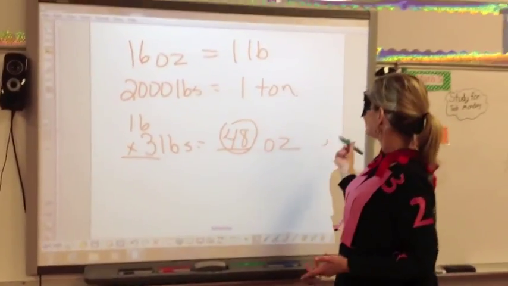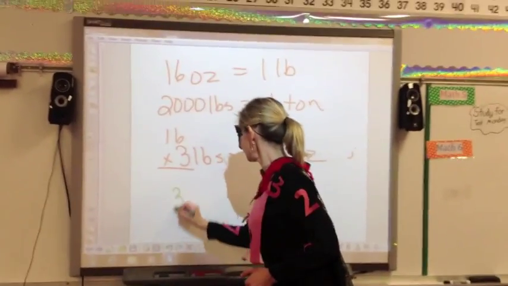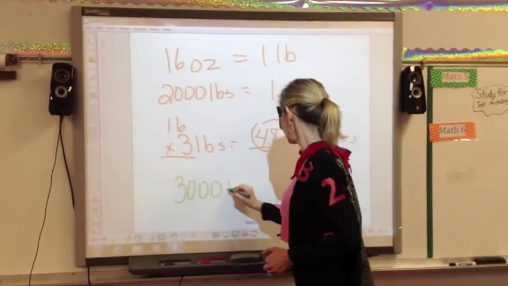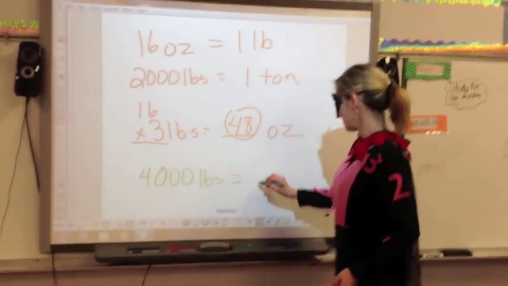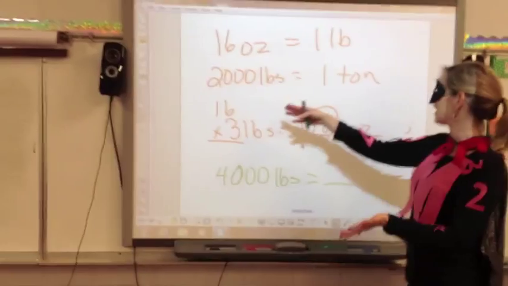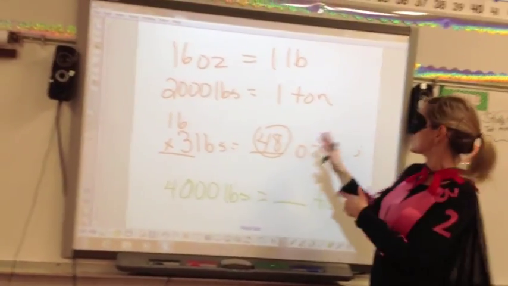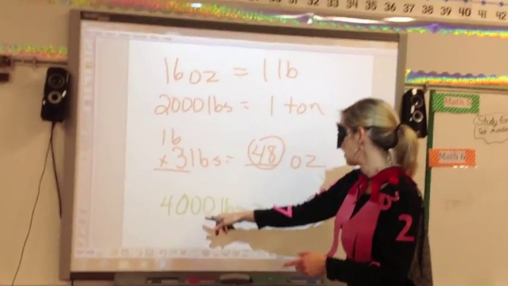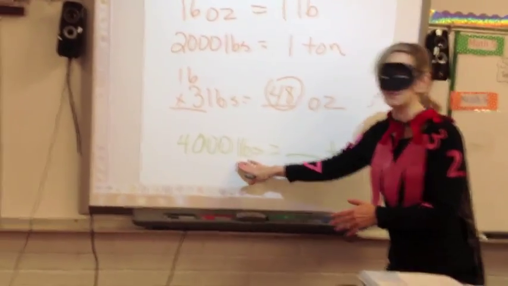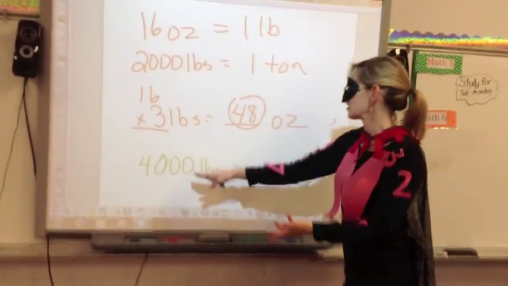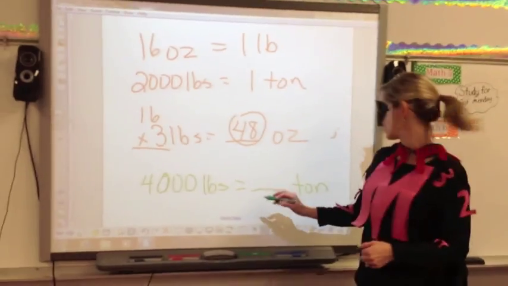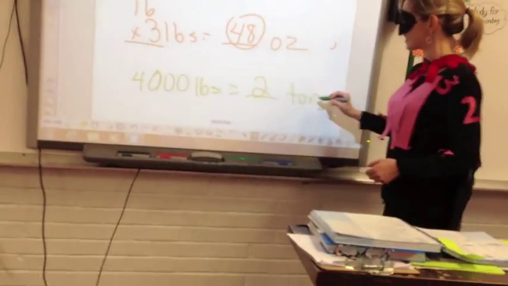Now tons: 4,000 pounds equals how many tons? There are 2,000 pounds in a ton, so we divide by 2,000 because we're going from a small unit to a big one. 4,000 divided by 2,000 is 2 tons.